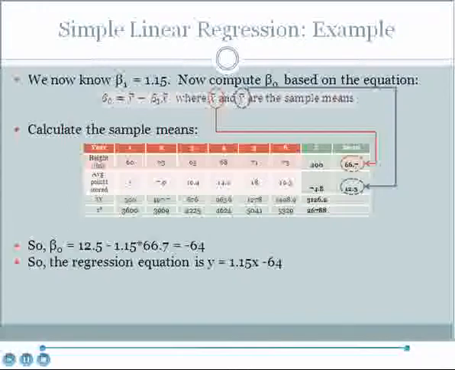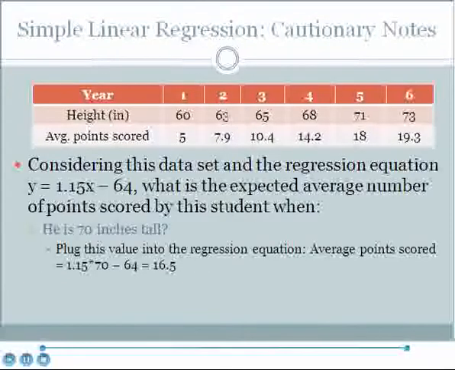Plug these values into the equation for beta naught and obtain 12.5, the average of the y values, minus 1.15, the slope of the line, or beta 1, times 66.7, the mean height over the course of the 6 years, and obtain beta naught equal to negative 64. So the regression equation is y is equal to 1.15x minus 64.